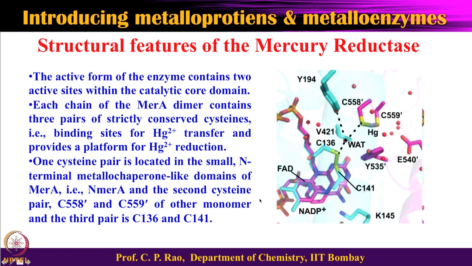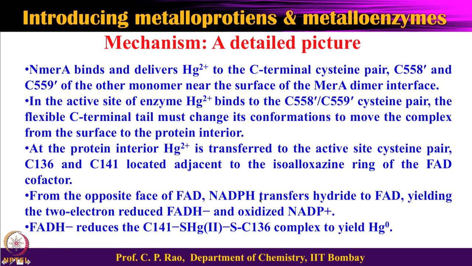So, now let us go further. The first thing is that the NMR binds to Hg2+. As I told you, the N terminal part of the cysteine dimer will bind first to the Hg2+, and through a corresponding conformational change this will bring the mercury 2+ along, because the N terminal one is at the interface or at the surface of the dimer.